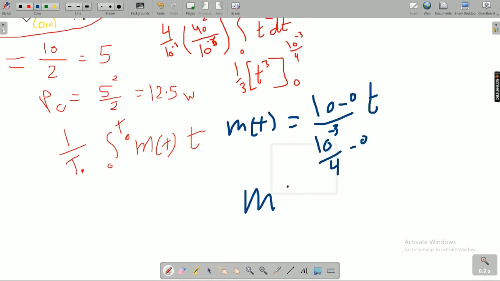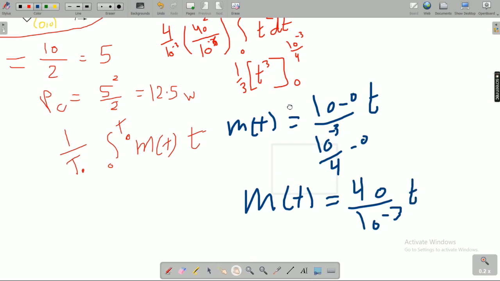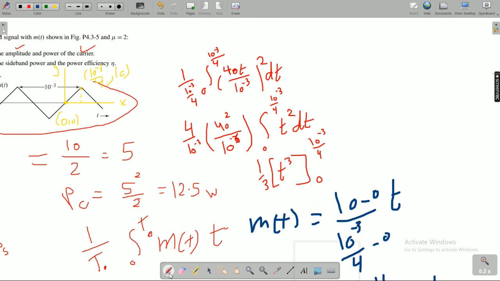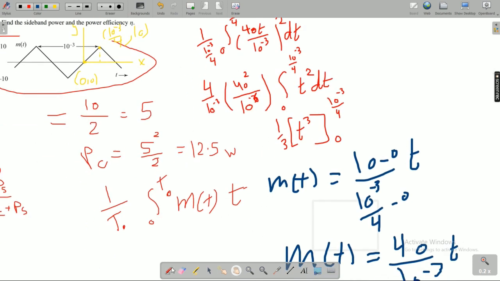So m of t will equal 40 over 10 to the power negative 3, times t. This is my function, so I can integrate it. I have just forgotten one part: in the integration, we use the square of the function, not the function itself.